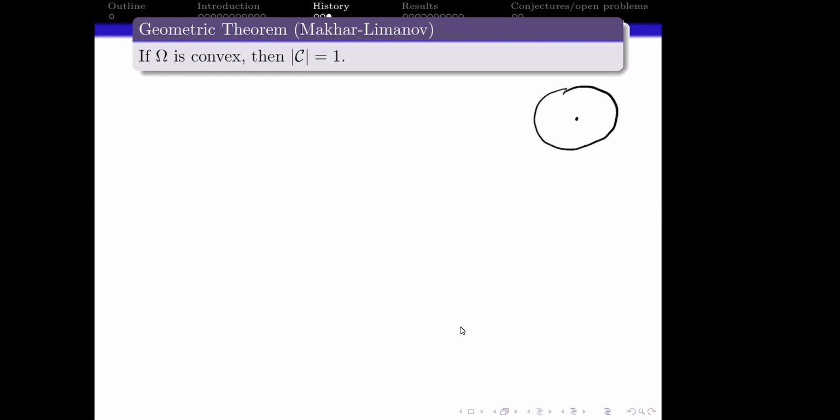This was the unit disk, and we looked at the function (1 minus mod z squared) by 2, which was your landscape function V. We saw that the gradient was vanishing only at the origin, so this is the only critical point. This is a generalization of this. It's a very beautiful theorem due to Makar-Limanov. It says that on convex domains, there is exactly one critical point.